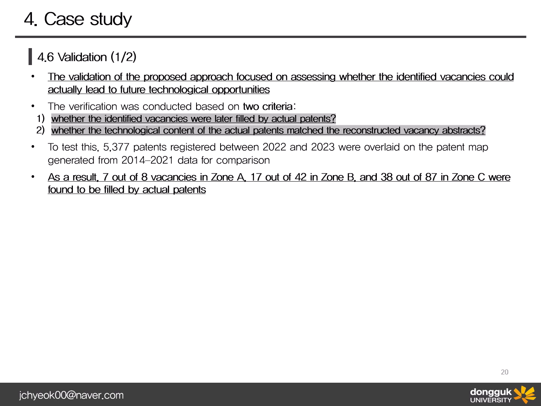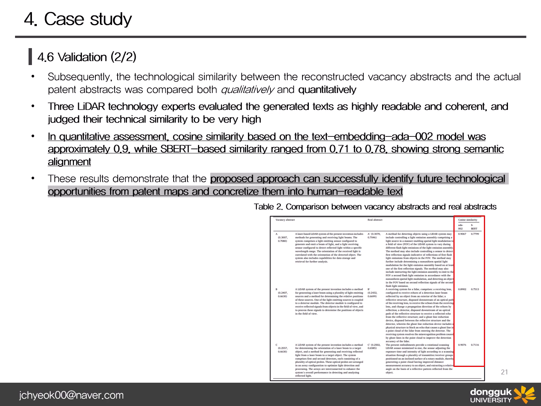As a result, 7 out of 8 vacancies in Zone A, 17 out of 42 in Zone B, and 38 out of 87 in Zone C were found to be filled by actual patents.